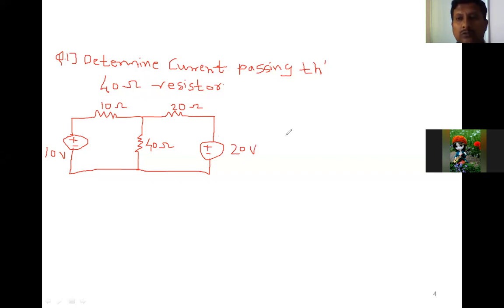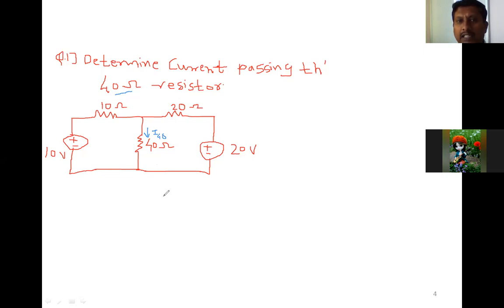Now, first of all, carefully read the question, what we have to find out and what they are asking. Determine the current passing through 40 ohm. So 40 ohm is placed in this circuit here, and we need to find out this current. I will give it the name I40.